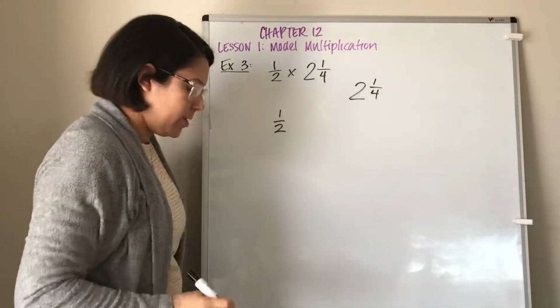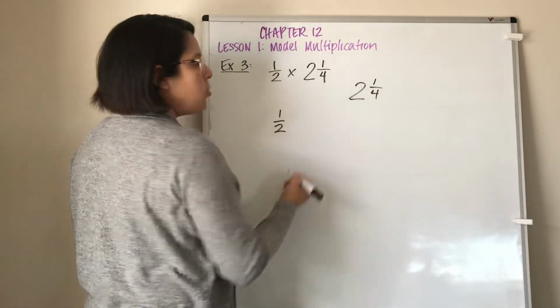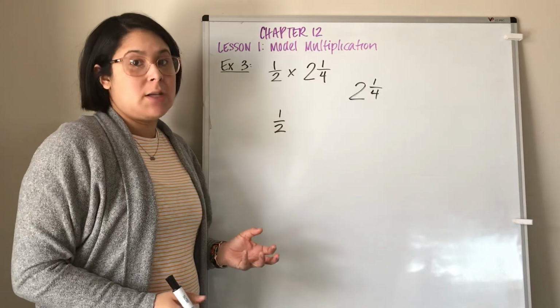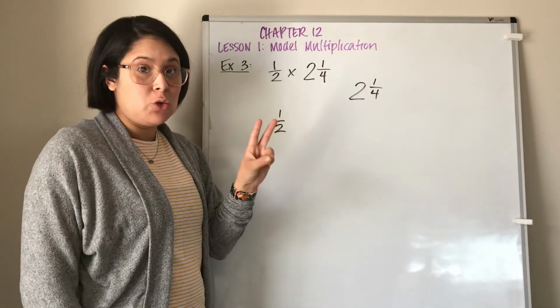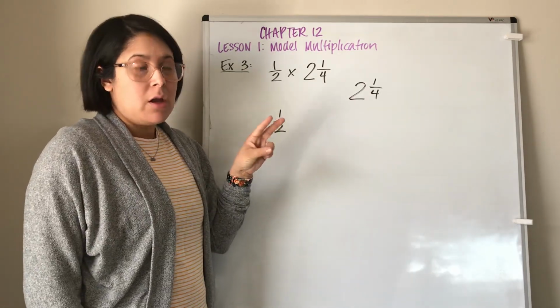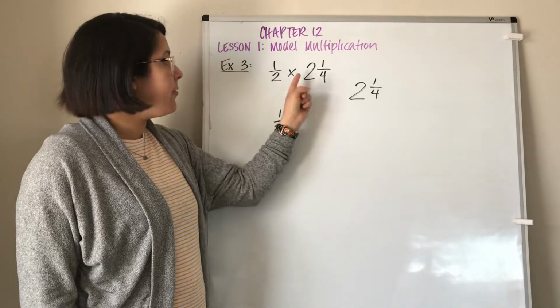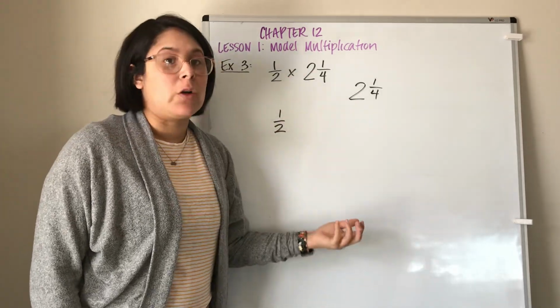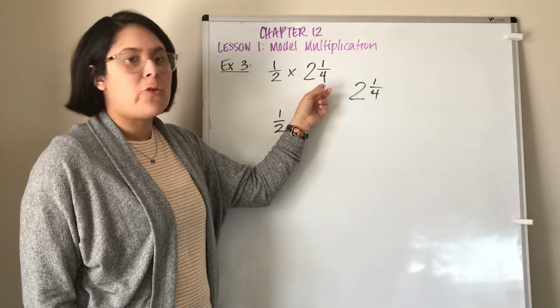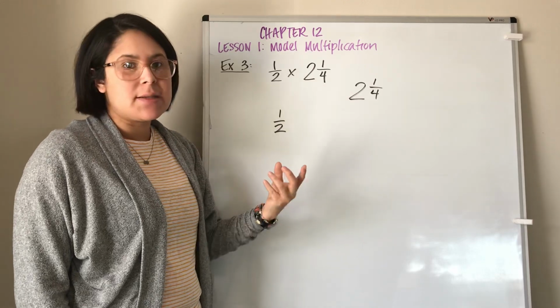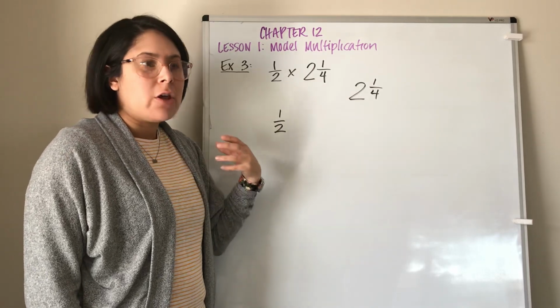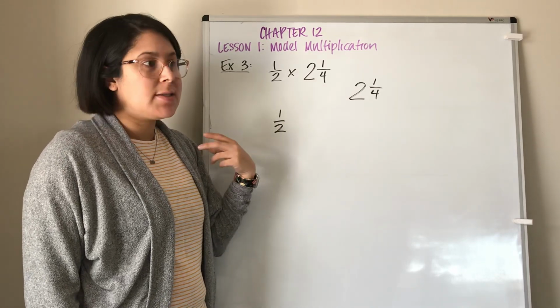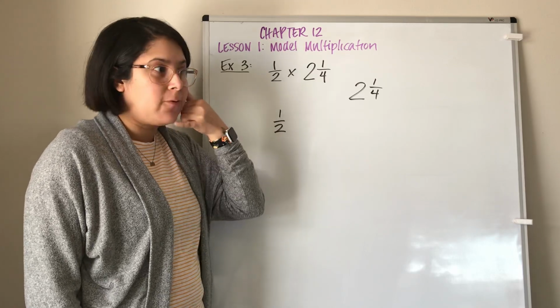I need to draw my squares. How many squares do I need to be doing? Remember, I had that 2 before, my 2 whole number, so I did 2 squares. Here I have 2 and a little bit left over. That's like saying I have 2 1/4 pizzas. Well, how many pizzas did you order? You ordered 3 pizzas. You didn't say, hey, can I order 2 1/4 pizzas?